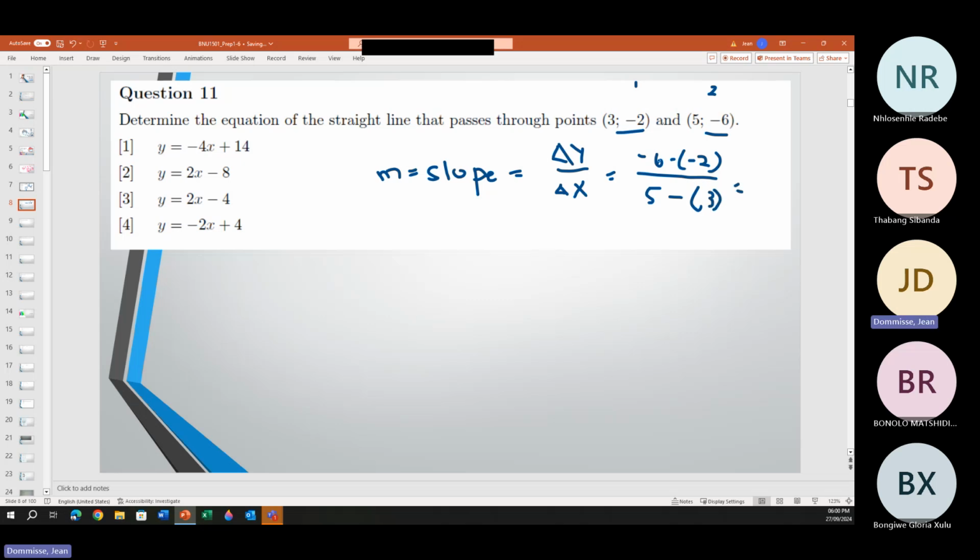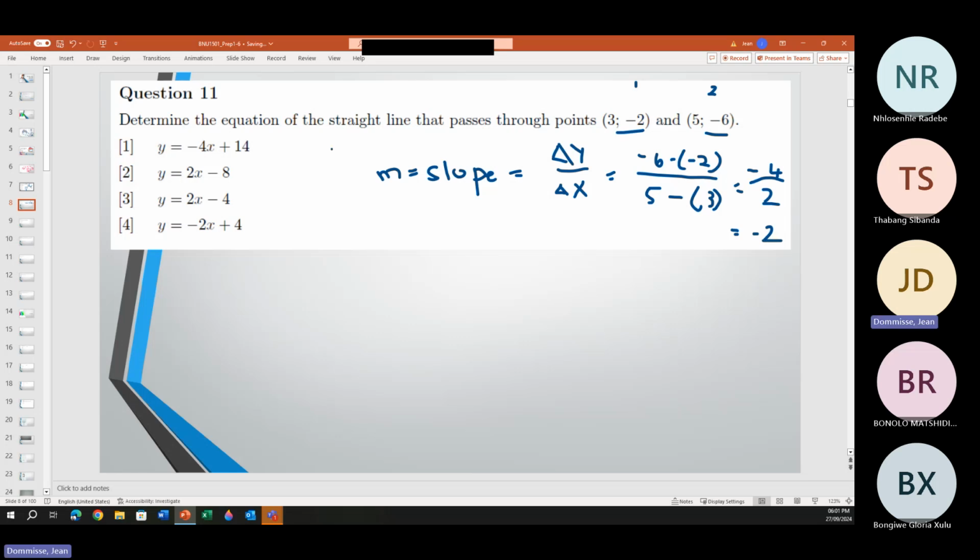So at the top, minus 6 minus minus 2 will become minus times minus a positive, so minus 6 plus 2 will become minus 4. And at the bottom, 5 minus 3 will become 2, so we sit with a slope of minus 2.